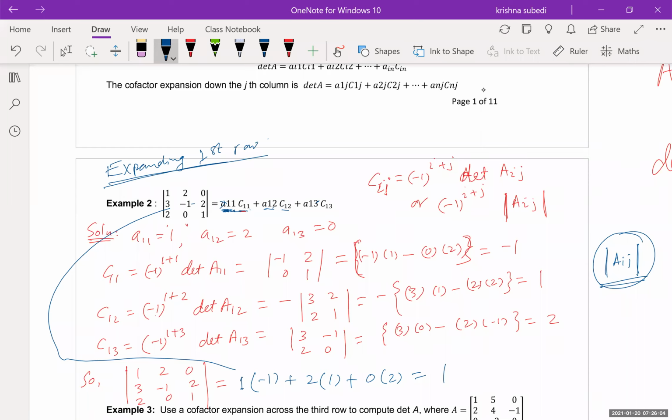Means I keep the row the same. As you can see, A is first row, even for C first row, and here also first row, second column, first row second column, and first row third column. So we keep that first row constant throughout this formula, and we call this expanding the first row.